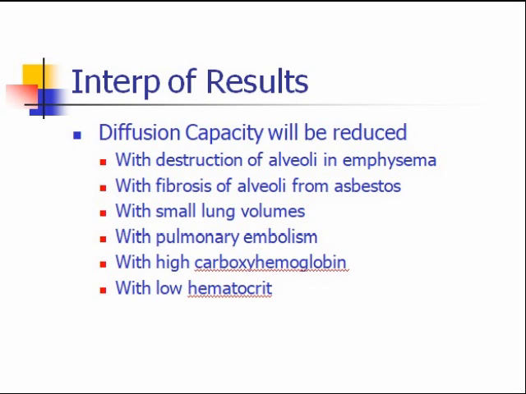It also can be reduced in pulmonary embolism because you have less lung space that's functioning, getting perfused. It will also be reduced, as I said, with high carboxyhemoglobin, and it'll also be reduced when you have a low hematocrit.